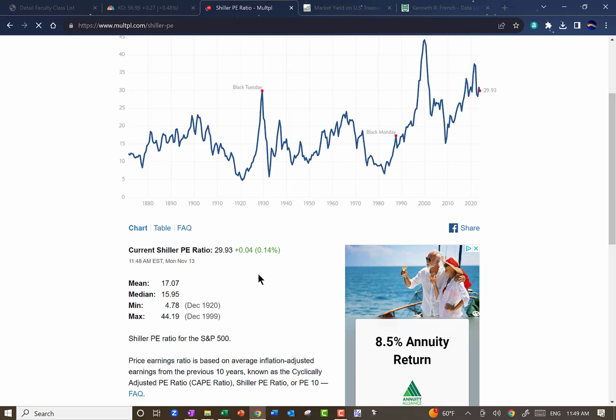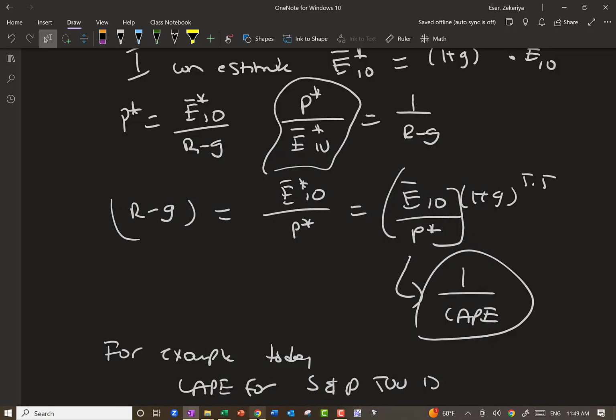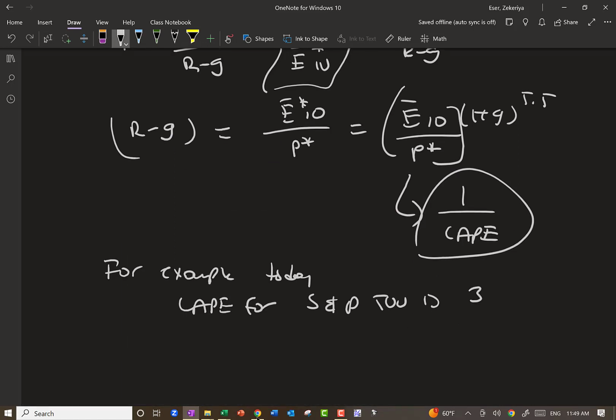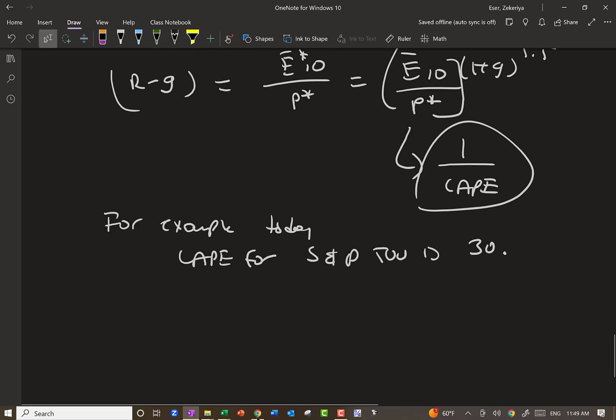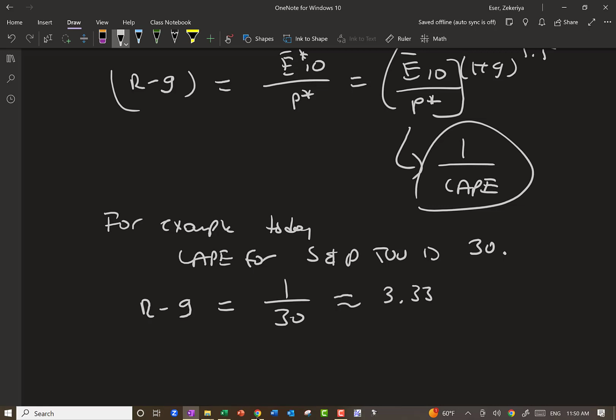With these things, just round them up. It is 30. So this basically says R minus G equals 1 over 30, or approximately 3.33%.